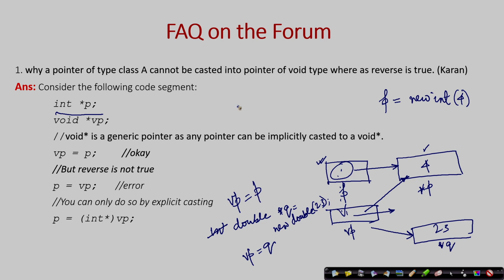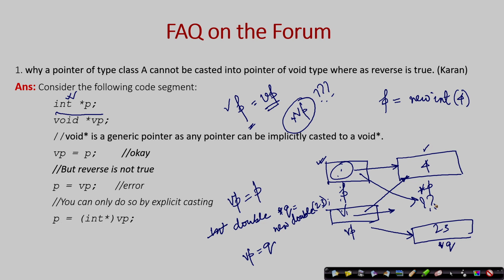But what happens if I try to do this? P has a type; P has been declared to be an integer pointer, and I am assigning to it an address value whose type is not known. There is no meaning to this. If this is allowed, then P will eventually point to something whose type I do not know.